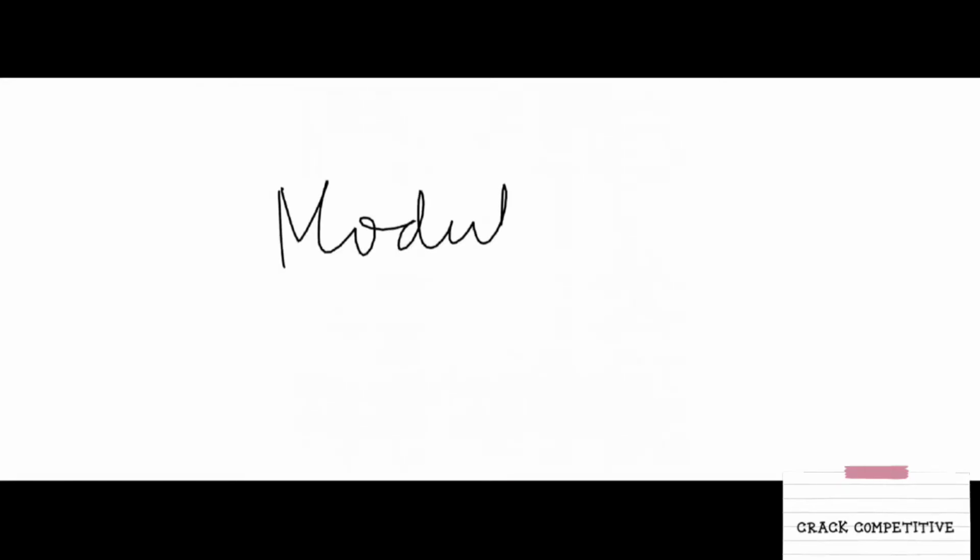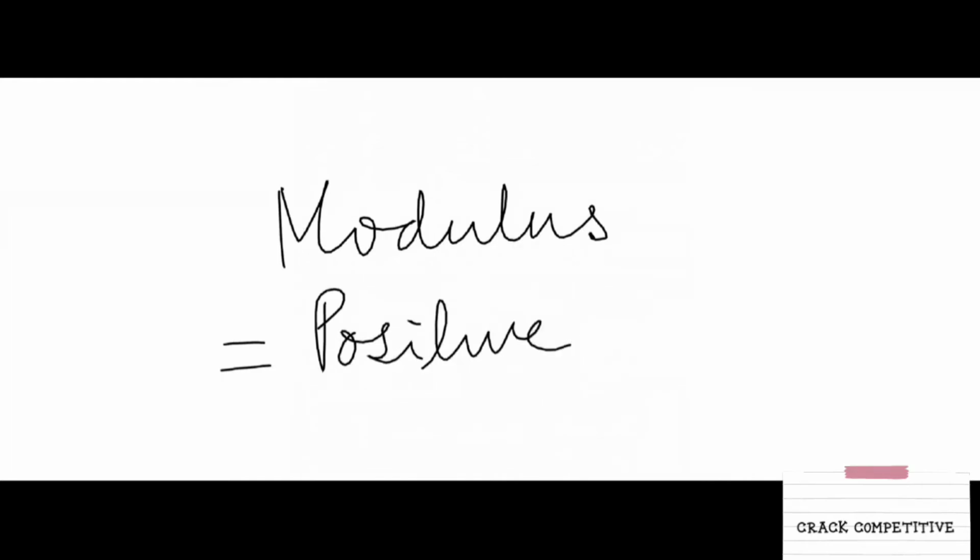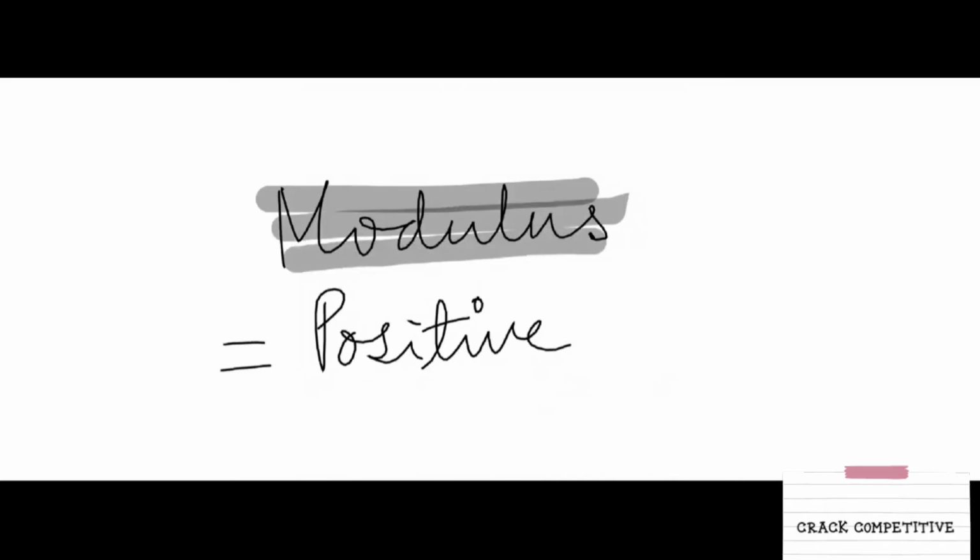Later on, we have learned modulus also. One thing you have to know: modulus of any number is equal to a positive number. You don't have to be confused about anything. Whenever there is a modulus, you will just replace it with a positive number. Okay.